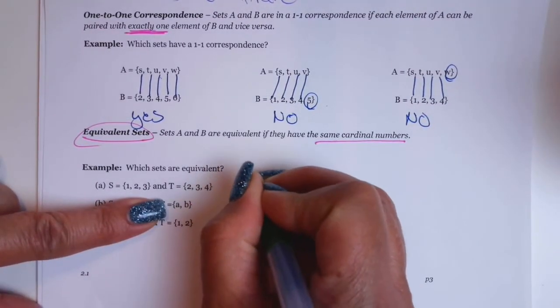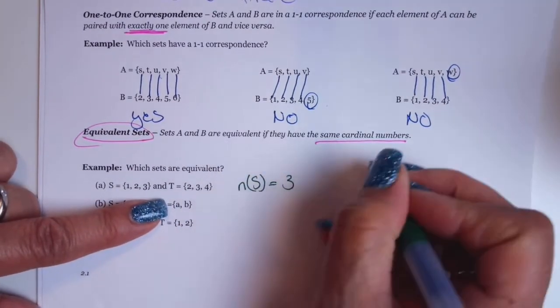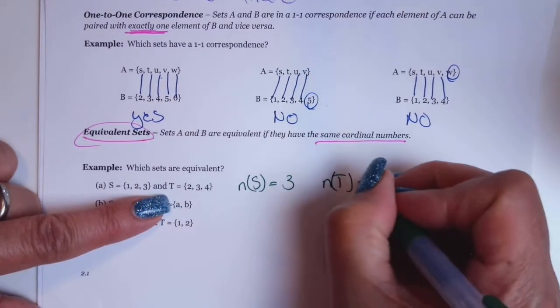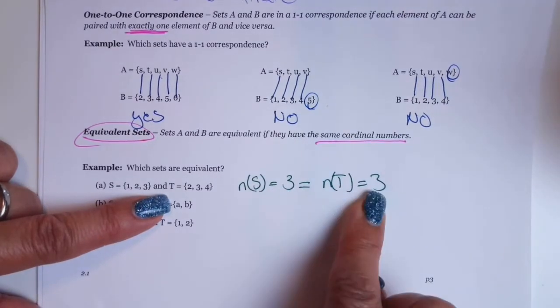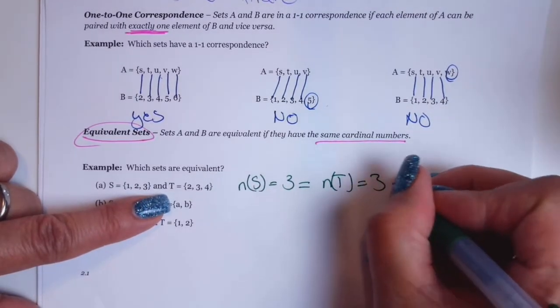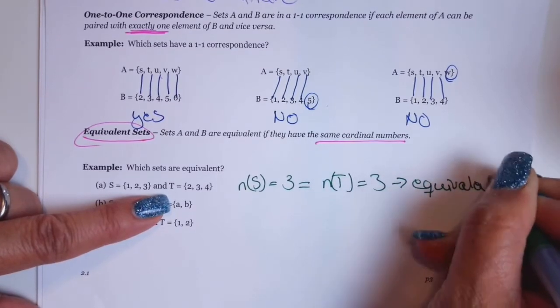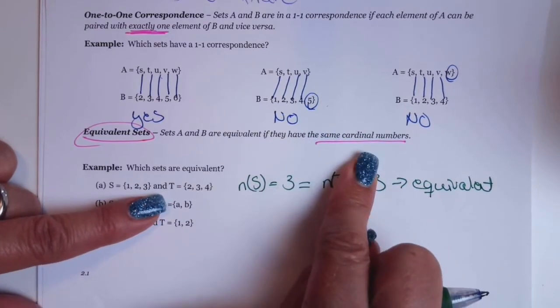The cardinal number of S is 3, and the cardinal number of T is 3. So the cardinal numbers are equal. This means that these two are equivalent. Notice we are only looking at the same cardinal numbers here.